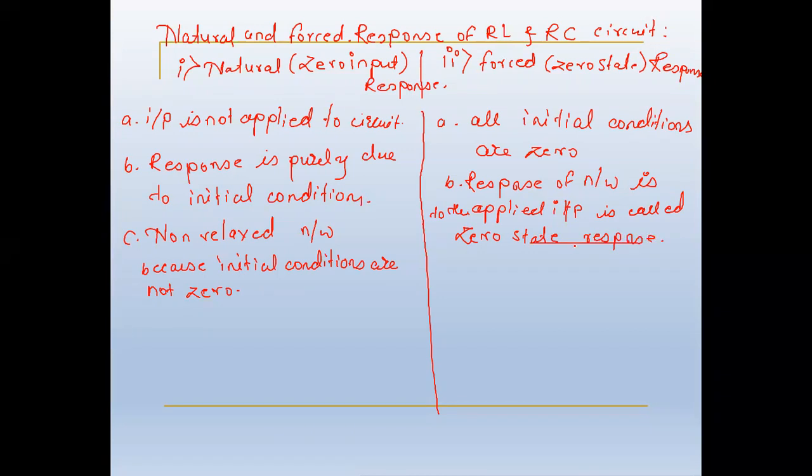Since the initial conditions are zero, such a network is said to be initially relaxed. In this case, the applied input forces the network to produce the output, and it is also called the forced response. Keep in mind, this is just a theory part. If they ask you in the theory exam, you must know. That's why I've gone through this point.